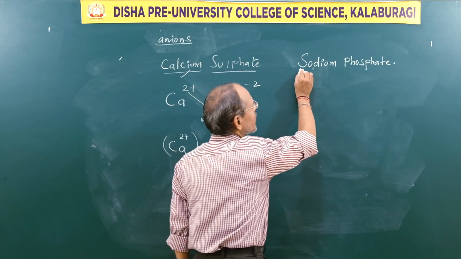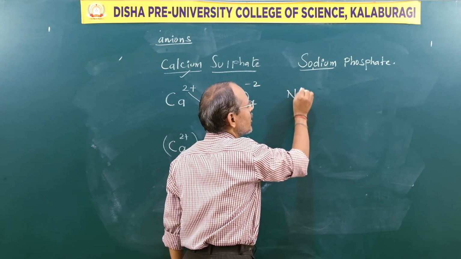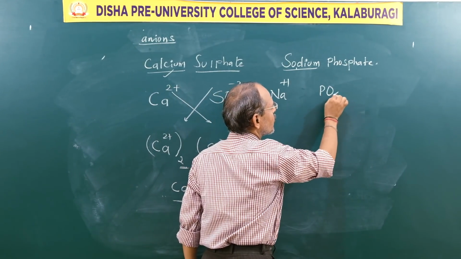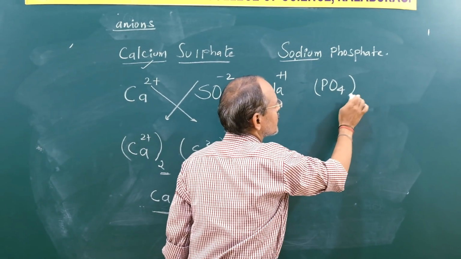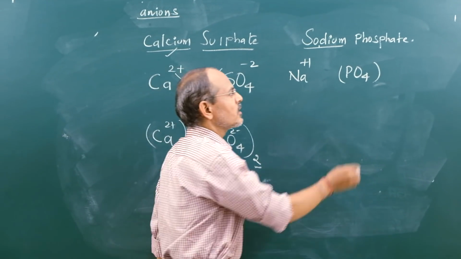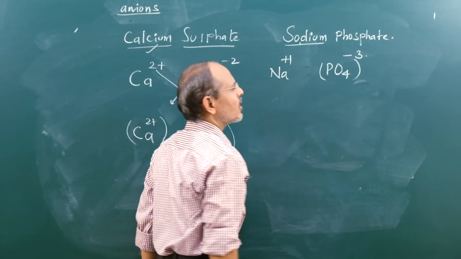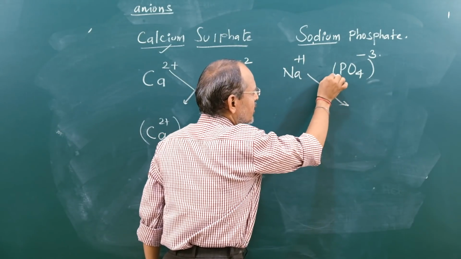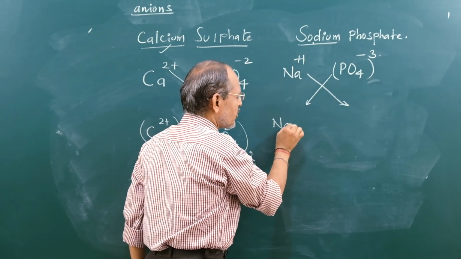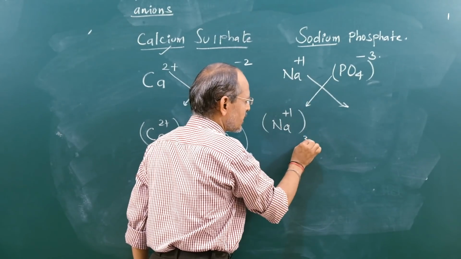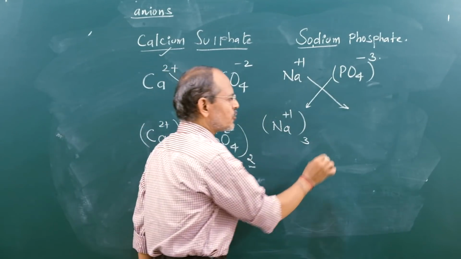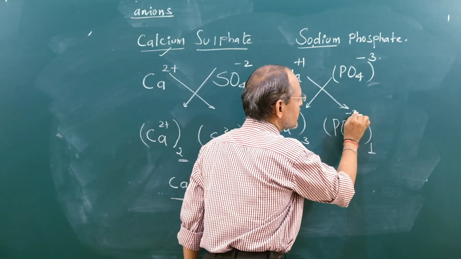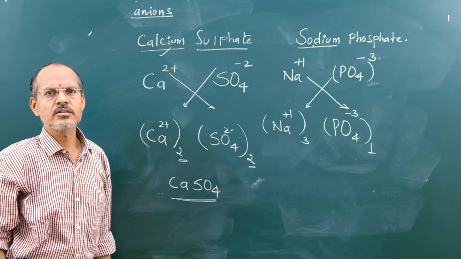So here sodium, you know already, is Na+ 1, and phosphate is PO4, with charge 3-. Then exchange the valencies: sodium plus 1, 3 times, phosphate 1 time with minus 3 charge.